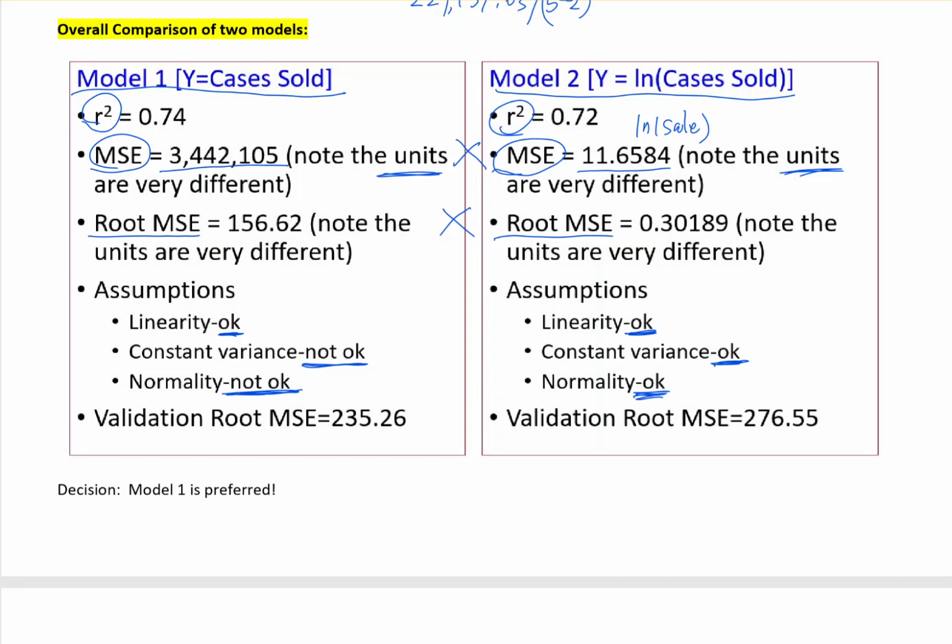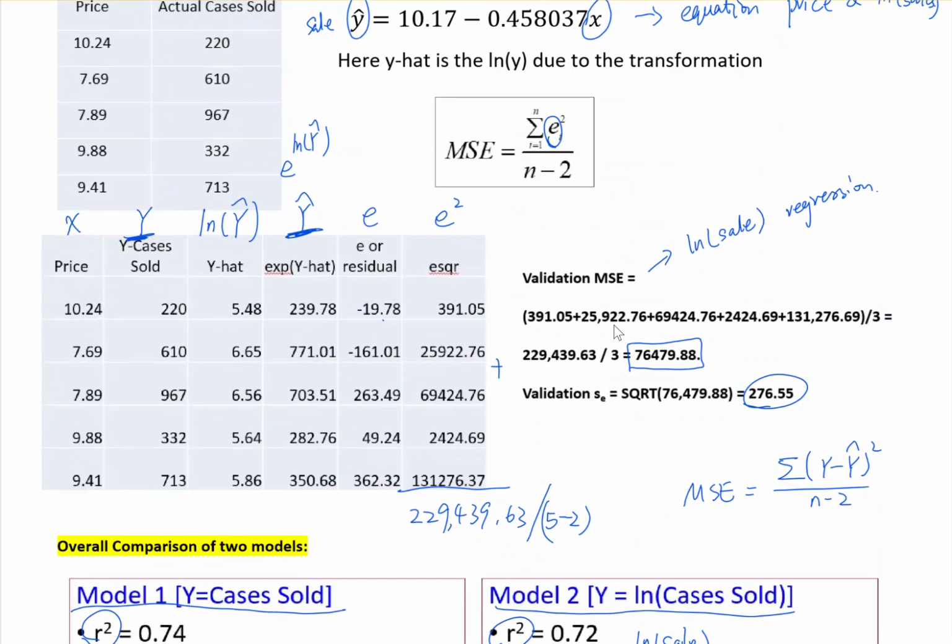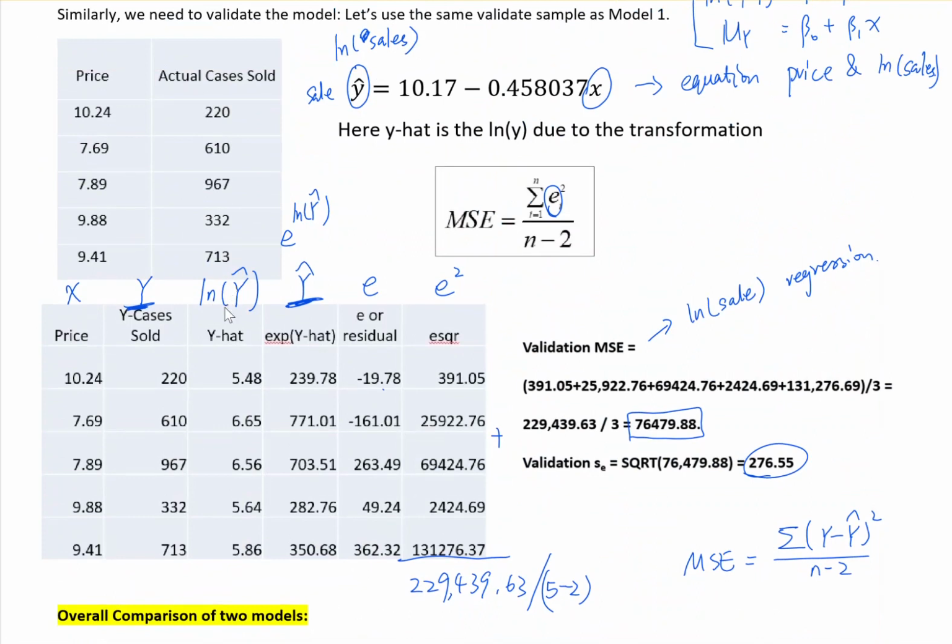And then when we calculate the validation root MSE, the validation root MSE for model 1 is 235, and the validation root MSE for model 2 is 276. Remember, when we calculate the validation MSE, we already changed our natural log y hat to y hat to calculate the MSE, right?